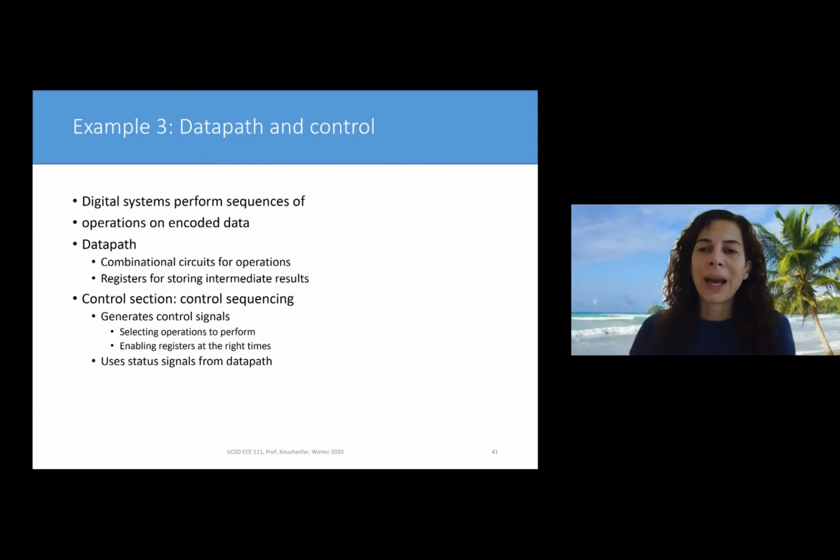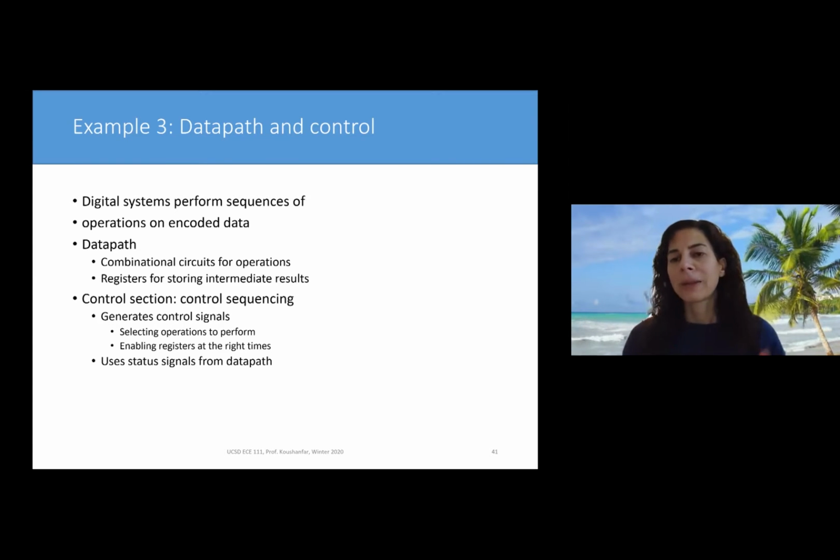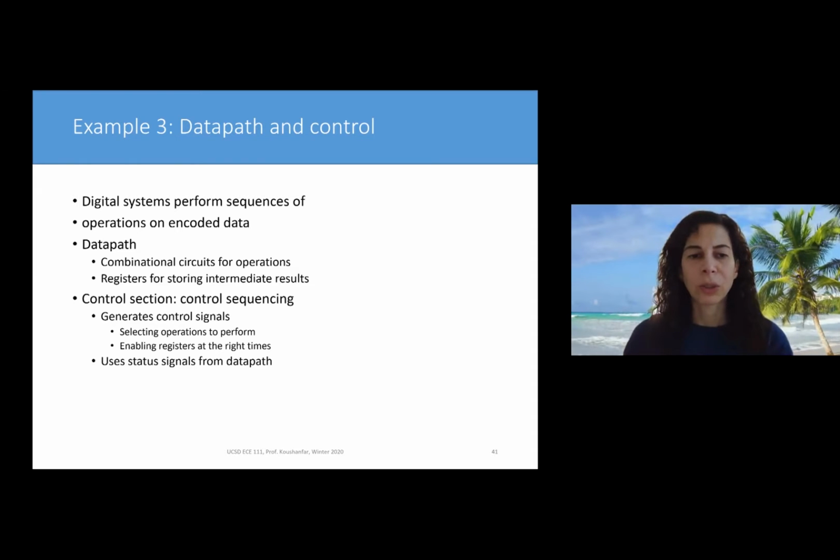Now, the data path, where we do the operations on the data, consists of combinational circuits. And then there are registers on here which store the intermediate values. The control section is going to say what is going to get combined with what, which register you're going to load the data into, and which register the results will go to.